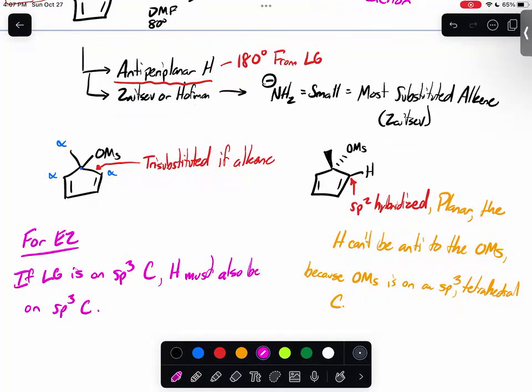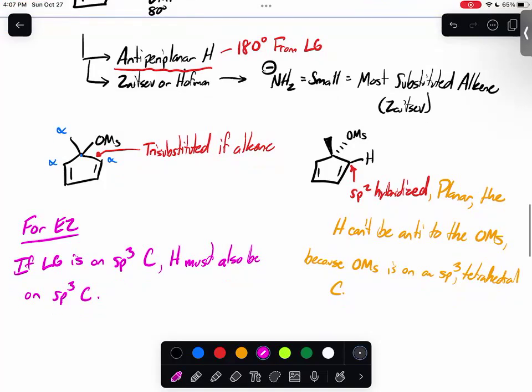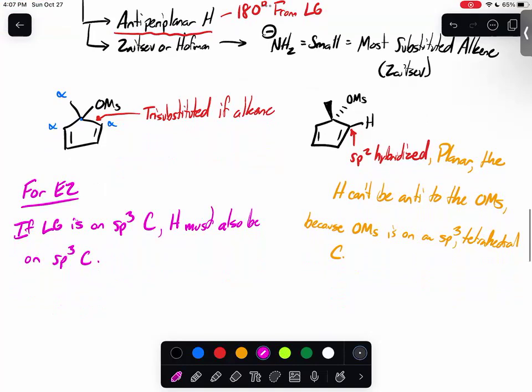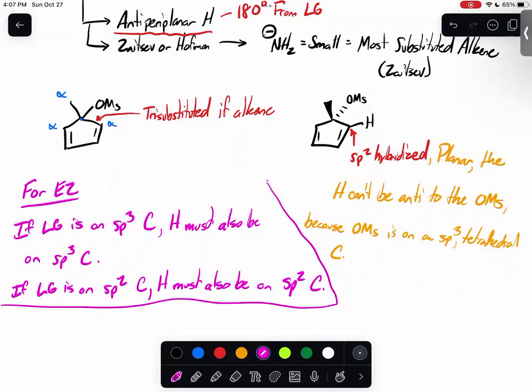Now, that being said, we're going to find out in just a little bit in another example that if the leaving group is on an sp2 hybridized carbon, the H must also be on an sp2 hybridized carbon. Okay? So we'll use this in a little bit, but this is a useful rule of E2 to keep in mind. And it all has to do with that anti-periplanar hydrogen.